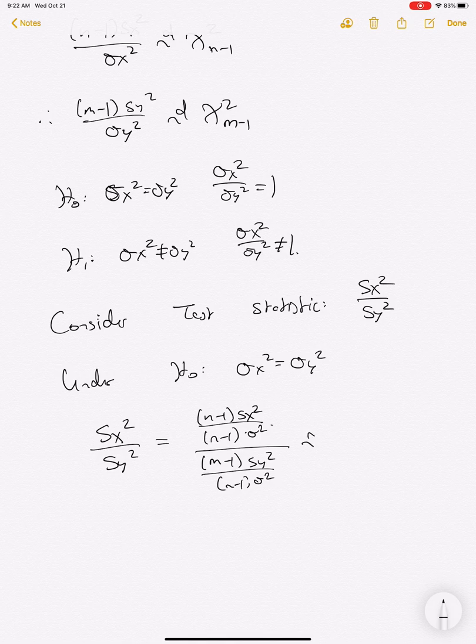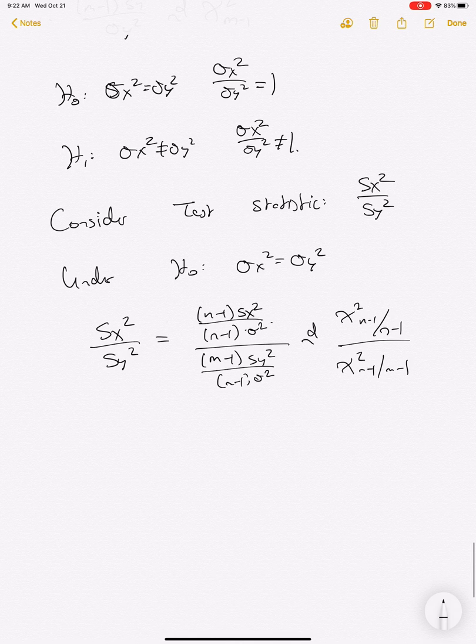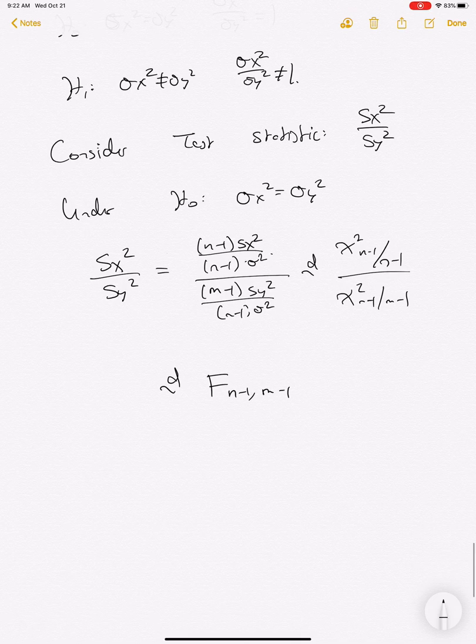And so this is going to have the distribution of chi squared n minus 1 over n minus 1 over chi squared m minus 1 over m minus 1. And these are independent again because the samples are independent. And so this is going to have the distribution f n minus 1 m minus 1. Okay, so under h naught, sx squared over sy squared is f n minus 1 m minus 1.